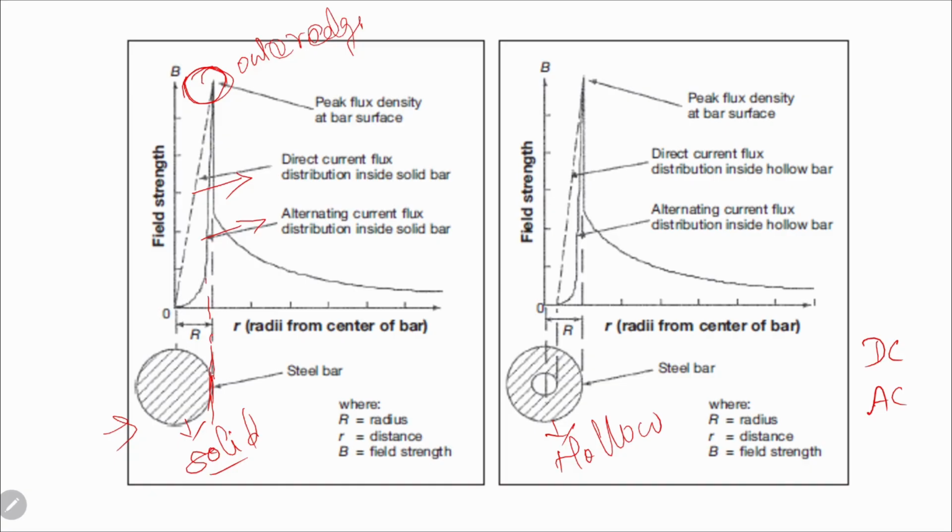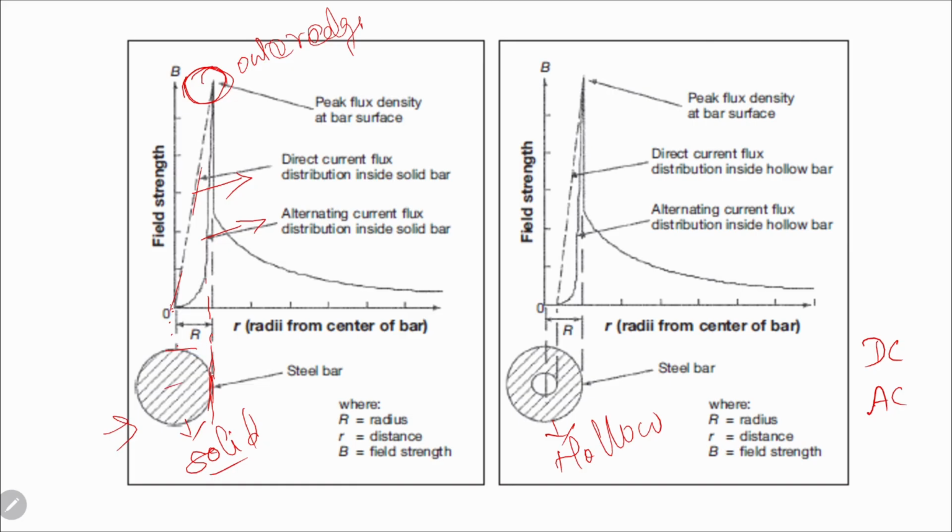DC penetrates deeper into the bar, so flux is distributed more evenly across the cross section. This allows DC to detect both surface and subsurface flaws.